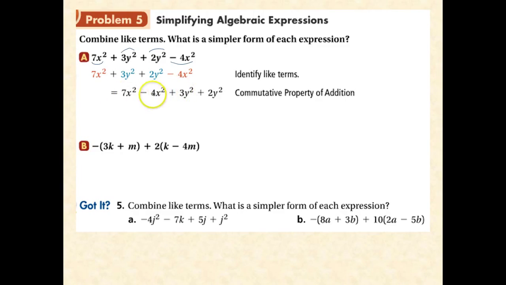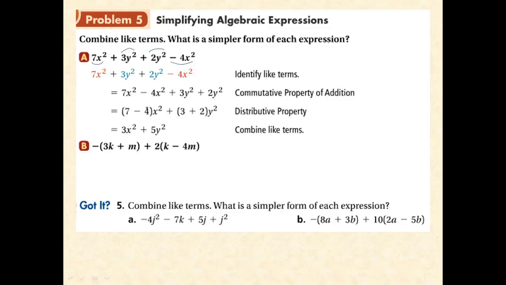The distributive property lets us put the coefficients together of the same like terms, and then we can simplify within the parentheses, which is called combining our like terms. 7 minus 4 is 3, 3 plus 2 is 5, and now we don't have any more like terms. So this is as simplified as we can get.